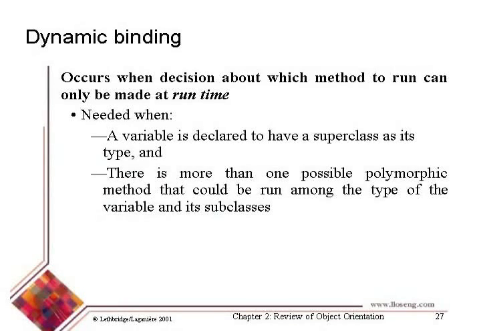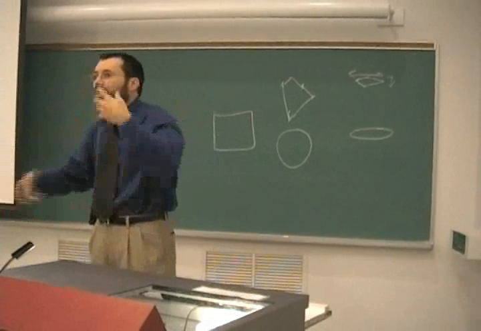And the second condition that must be true is that there must be more than one polymorphic method that could be run. So it could still be the case that I don't need dynamic binding if I declare a variable at a high level in the hierarchy, but at that level, all of the methods are fixed. There are no alternative methods that are lower in the hierarchy.